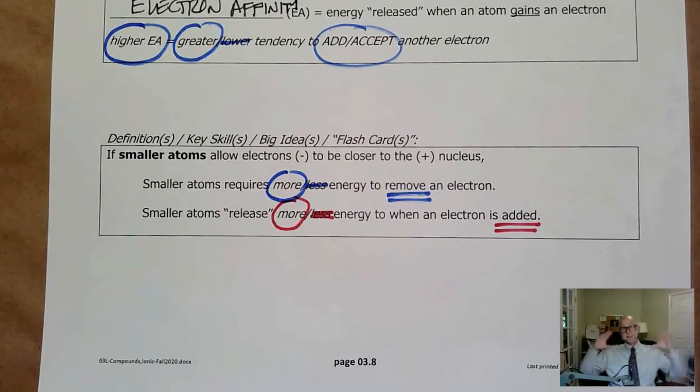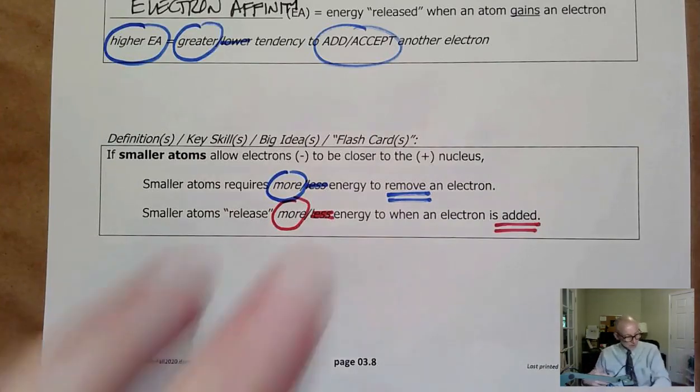Big atoms, that's relatively speaking, right? They're all small, but in bigger atoms, the electrons are way out there. They barely know they're there. They'll lose them. They'll just fall right off. Can you add one to it? Maybe. It doesn't really care. If the electron's out at the 4th or 5th or 6th level, it doesn't even know it's there.